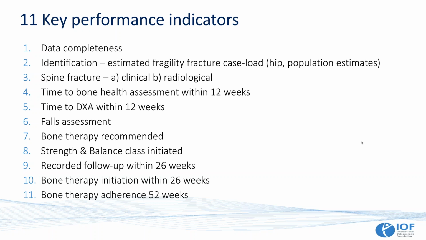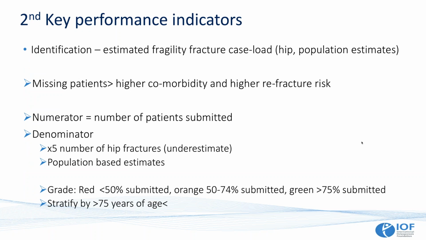Controversially, I'm going to start with the second one and leave the first one till the end. So identification is the first one, and this is probably the first hurdle any FLS poses and has to address: how do you find all the patients who you should be finding?